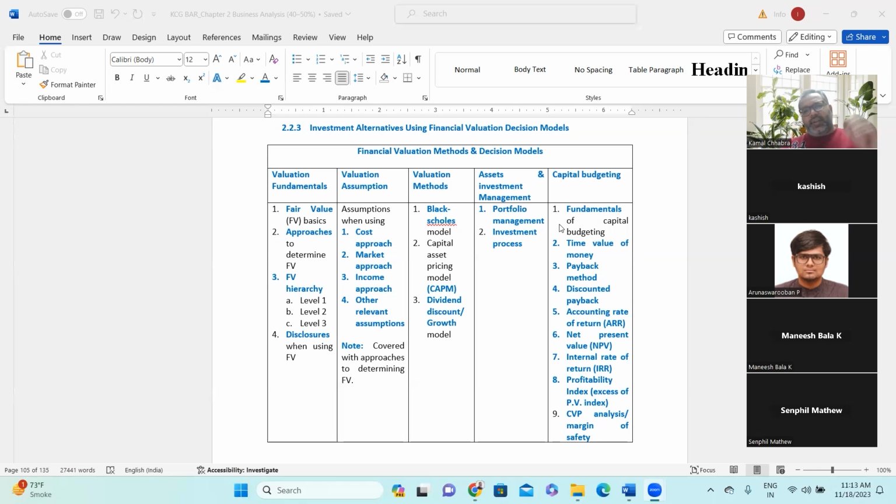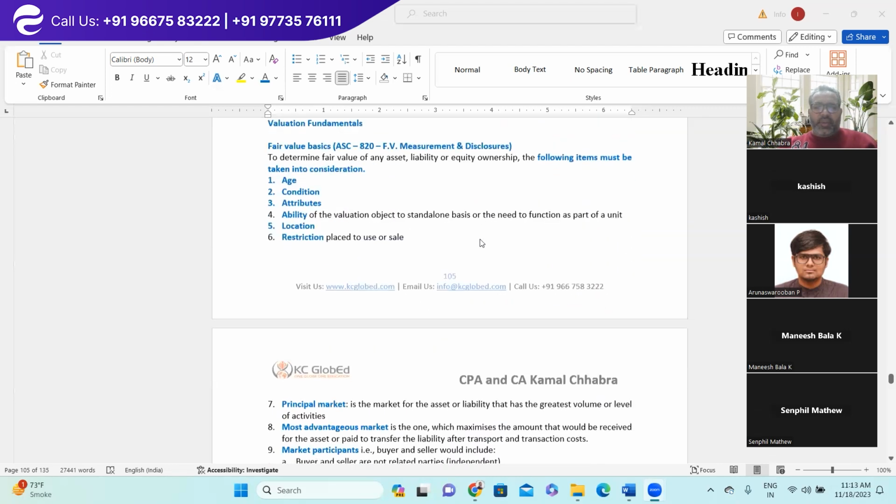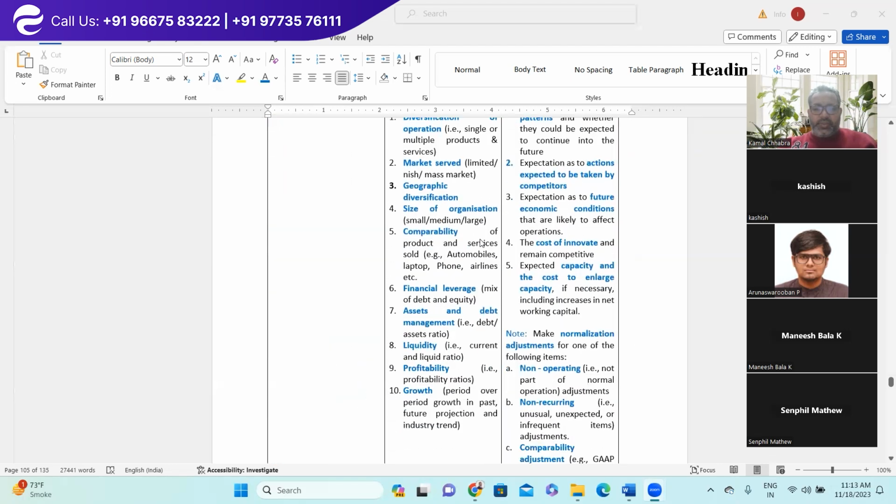And lastly, in the very last class, we discussed capital budgeting technique, which includes fundamentals of capital budgeting, time value of money, payback period, discounted payback, accounting rate of return, net present value, internal rate of return, profitability index, and CVP analysis. So all these things we covered in the last two classes.